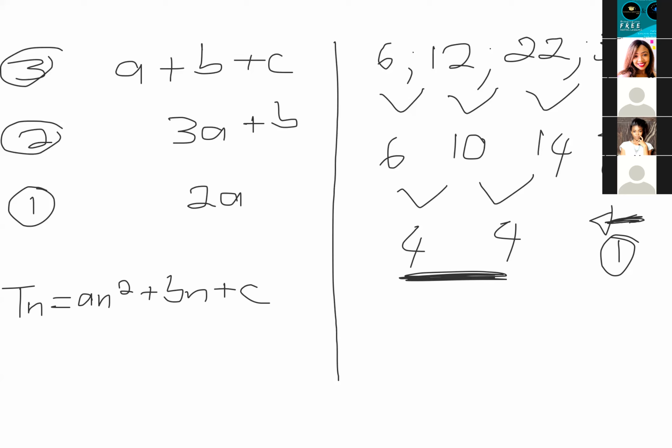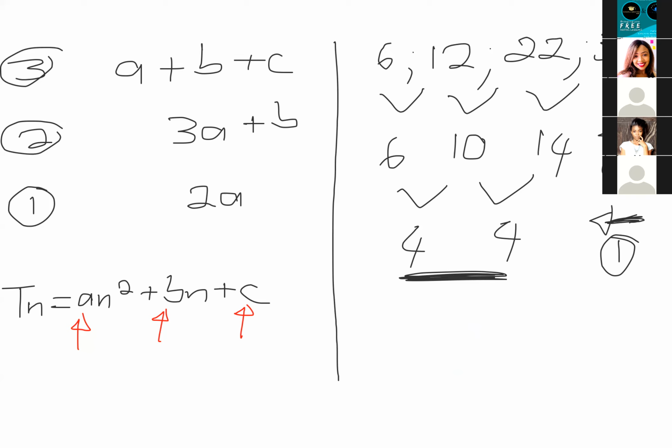So the only thing I'm trying to figure out here is what's my a, what's my b, and what's my c. Because remember, with my arithmetic sequence, I only wanted to find out what's my a and what's my d. Do you remember that? Yes, ma'am. But now with my quadratic sequence, I have to find out 3 variables, which is my a, b, and c.